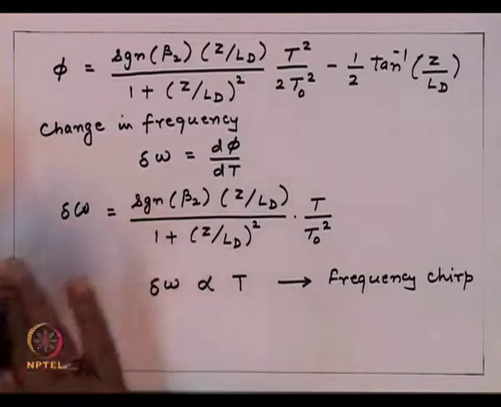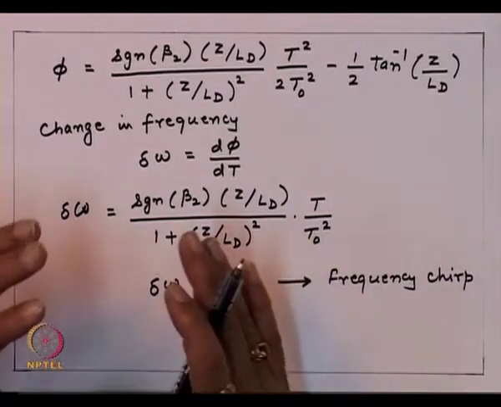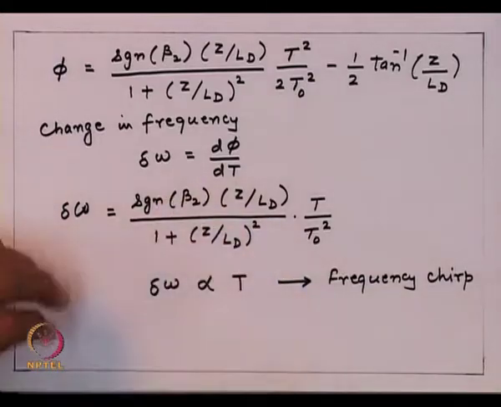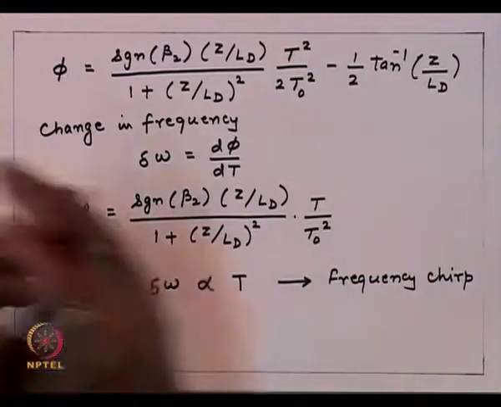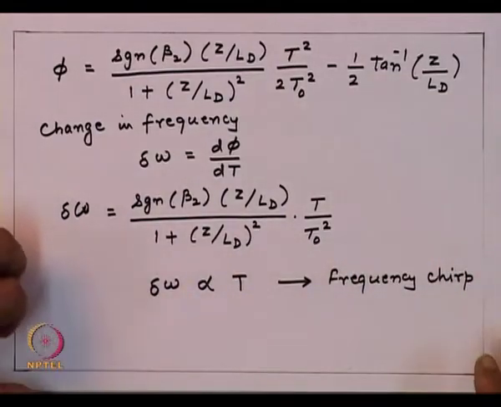So, it is some kind of a frequency modulation which has taken place inside the pulse. Initially, when we consider a Gaussian function, it had the same frequency inside the pulse, but because of the dispersion there is going to be a frequency modulation inside the pulse.